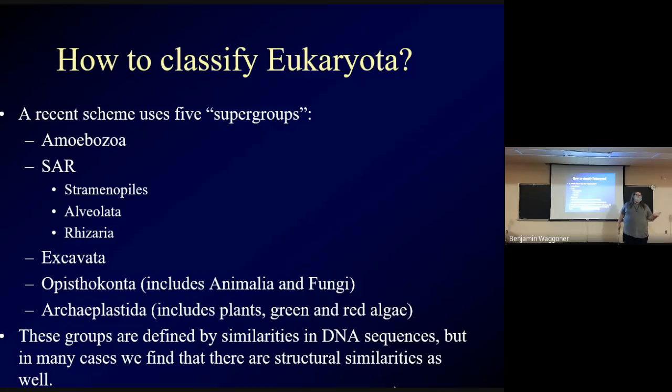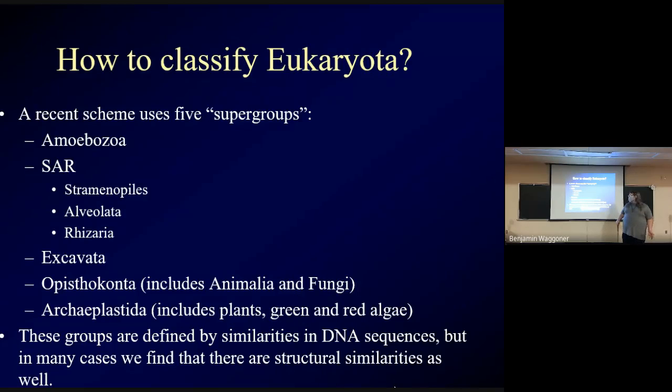Certainly there are lots of parasites in the Opisthokonta, including all of the animal taxa we'll talk about, as well as many fungi. And then plants, green algae, red algae, and an obscure but interesting group called the Glaucophytes belong into a larger group called the Archaeplastida.